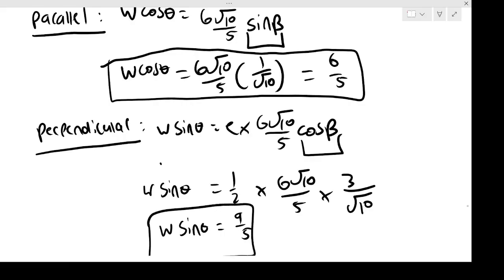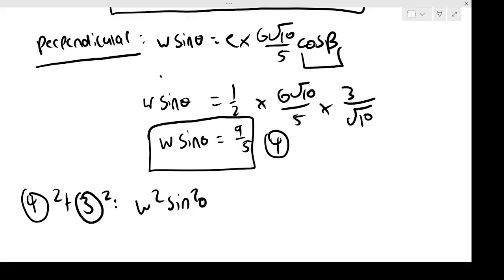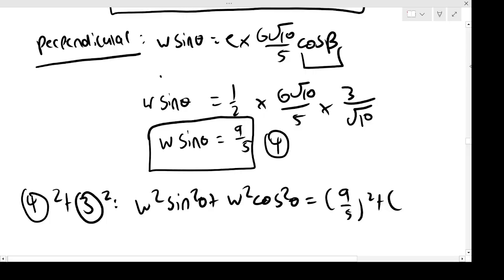Again, now I've got these two equations. I'm going to call them equation 3 and 4. Now I only want the speed, if you remember, so I only want W. To do that, I'm just going to square and add them. That's going to be W squared sine squared theta add W squared cos squared theta. It's going to be 9/5 squared add 6/5 squared.